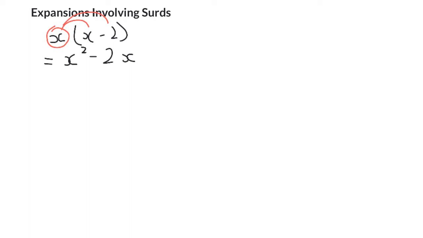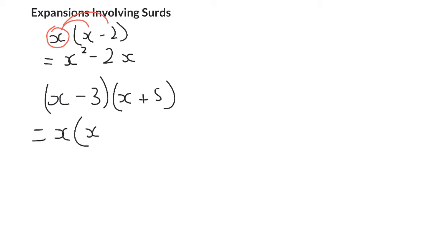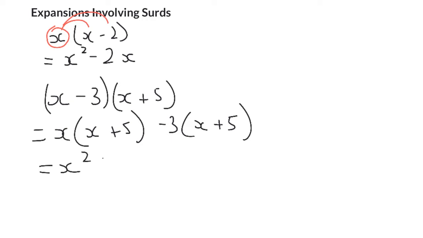Now, if I've got something like a binomial, x minus 3, x plus 5, well, I can split my first set of brackets there, and I'll end up with something like x outside of x plus 5, minus 3 outside of x plus 5, x squared plus 5x minus 3x minus 15.